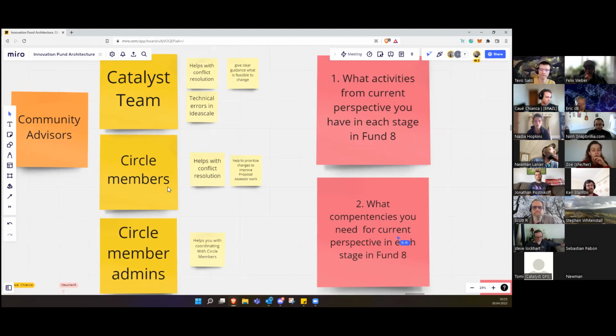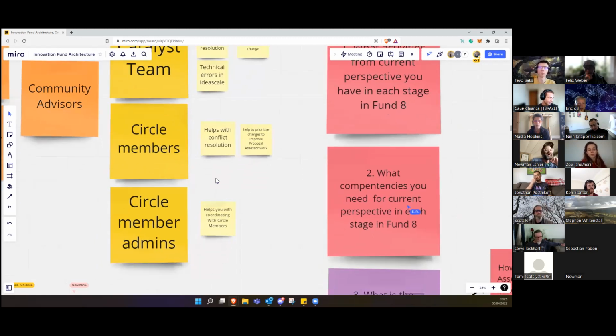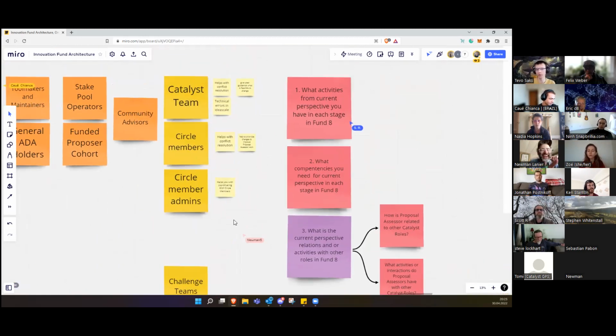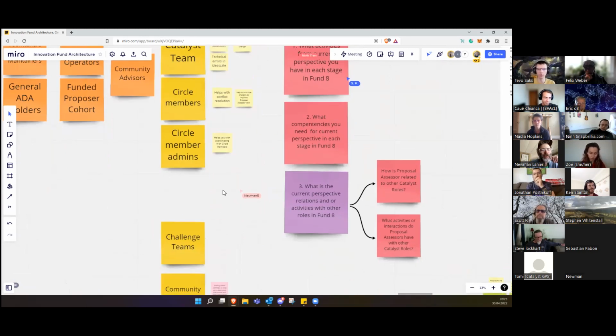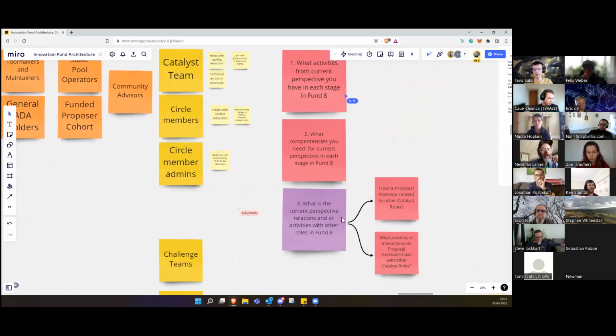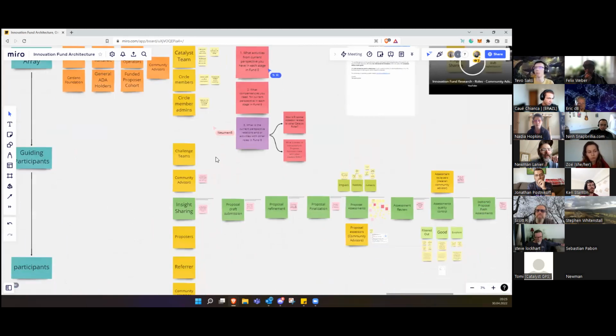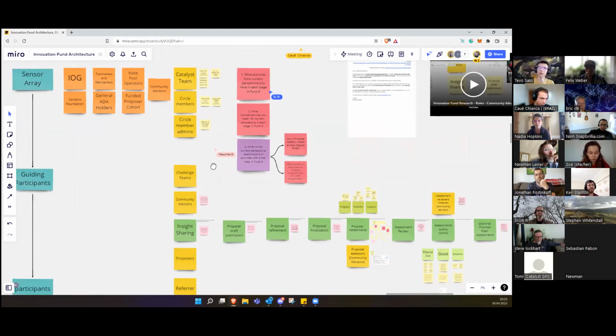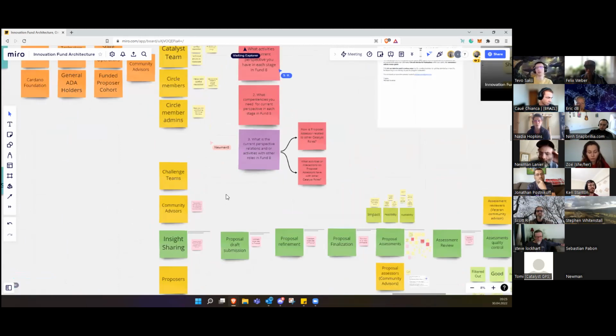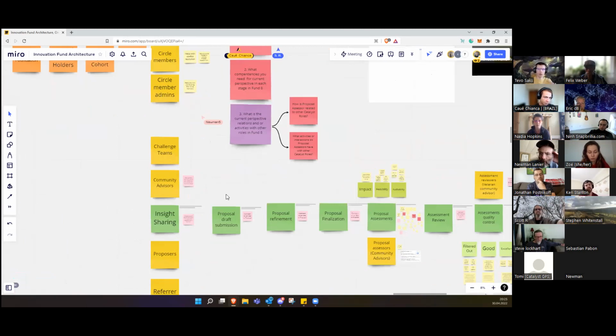Sorry, Stephen, what's a proposal assessor? Proposal assessor is, in our terms right now, a community advisor. Okay. So the community advisor guidelines are all related to that. Why not call it a community advisor then? Because the community advisor feels like a bit of a different role. Going back to the previous sessions, the community advisor is more like a person who, like we are here, comes together, participates, coordinates, helps to facilitate, and shares information.